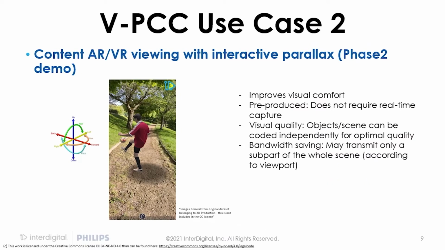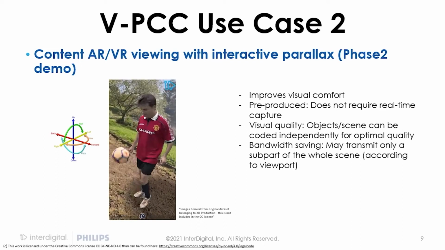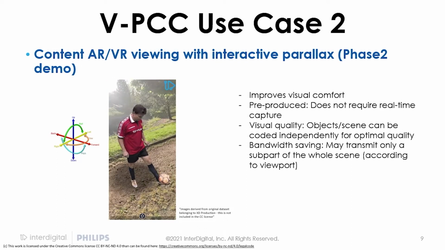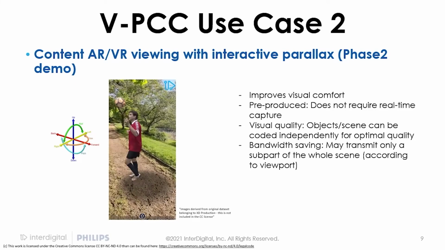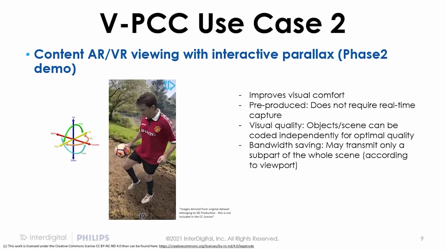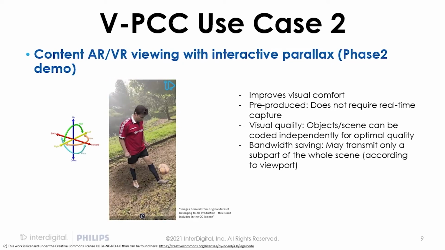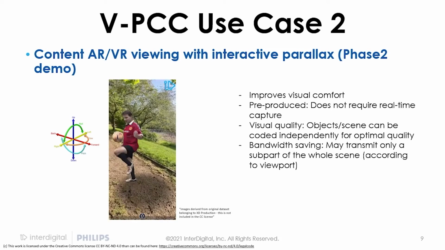The second use case concerns AR/VR content viewing with interactive parallax in order to provide end users equipped with head-mounted displays an immersive experience for viewing specific contents like large field of view movies. By providing the interactive parallax, the comfort of the end-user visual experience is greatly improved.